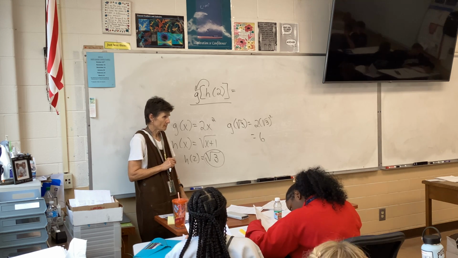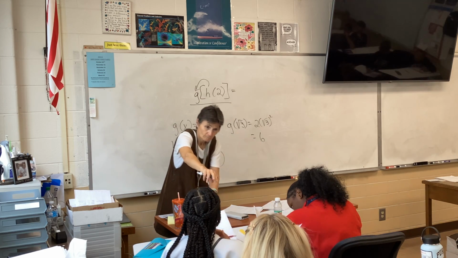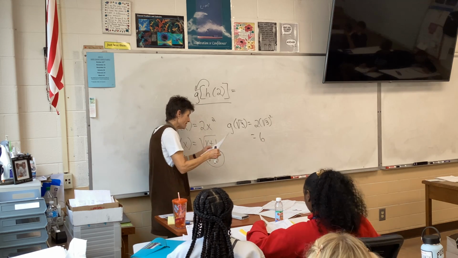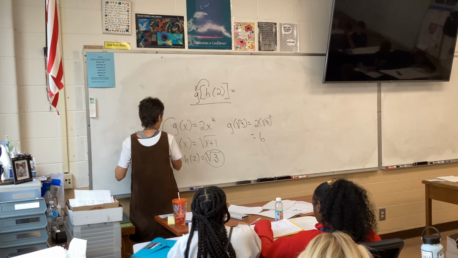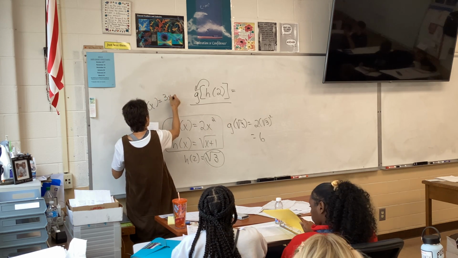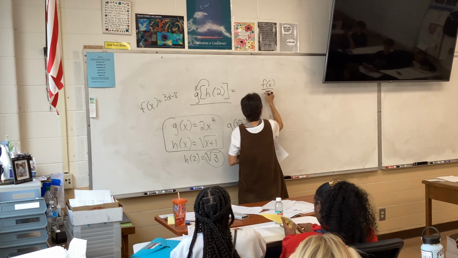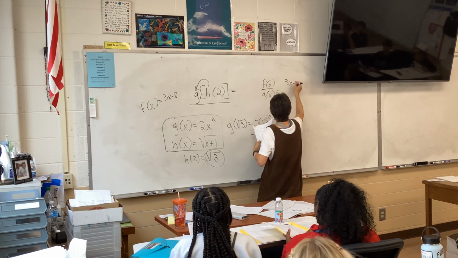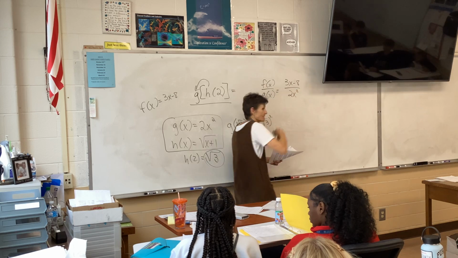Can you do the 2 above it? So B uses the f function. So here are h and g, and then f is 3x minus 8. And B says just divide f of x by g of x. So just put 3x minus 8 over 2x squared. That's it. That's the answer to that one.